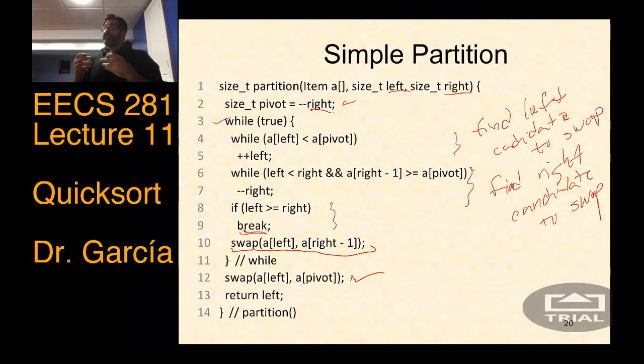If everything has flowed correctly in the previous two while loops and the swap, then all I need to do is swap the value that sits at pivot with what left is currently pointing at. Okay, and we showed that in the previous example. And that's effectively how it works for partition.